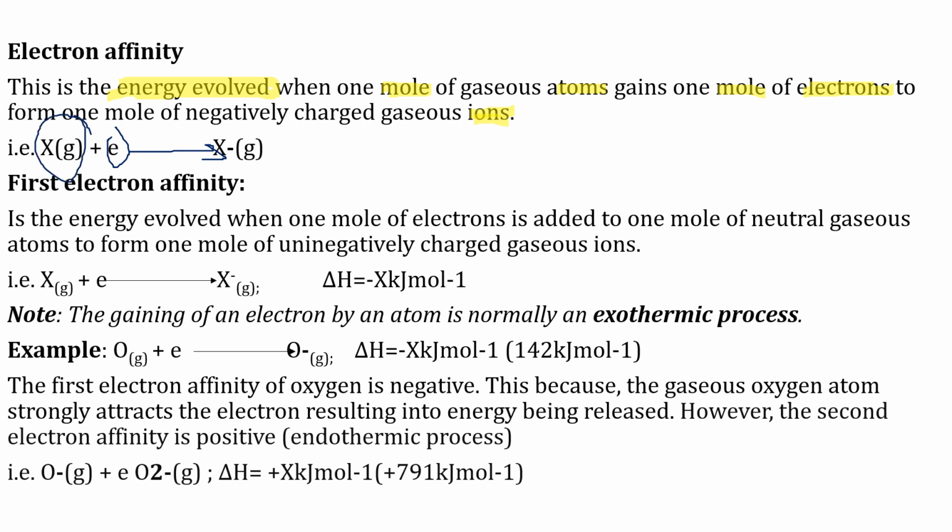After doing that, we get a negatively charged gaseous ion. That's in terms of particles, but if you want it in terms of moles, adding 1 mole of gaseous atoms, you add on 1 mole of electrons to form 1 mole of negatively charged gaseous ions.